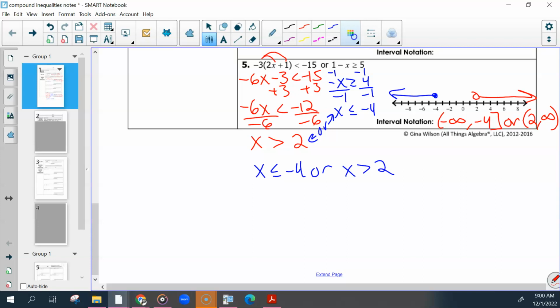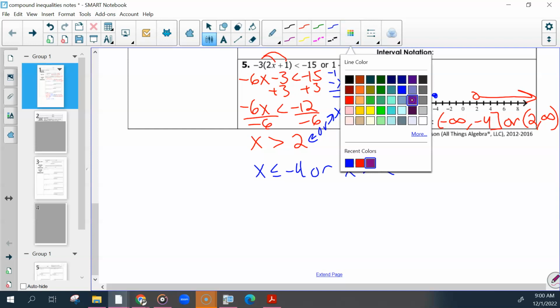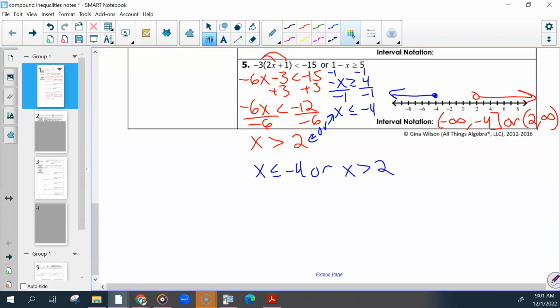Somewhere where you have space, do this just so you have it for later. I'm just going to resolve this part, but a different way. So instead of distributing, because 3 is a factor of 15, I could divide both sides by negative 3.